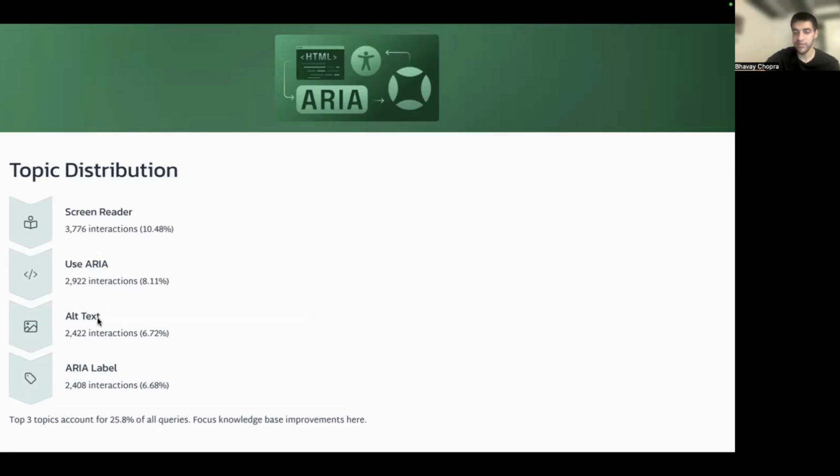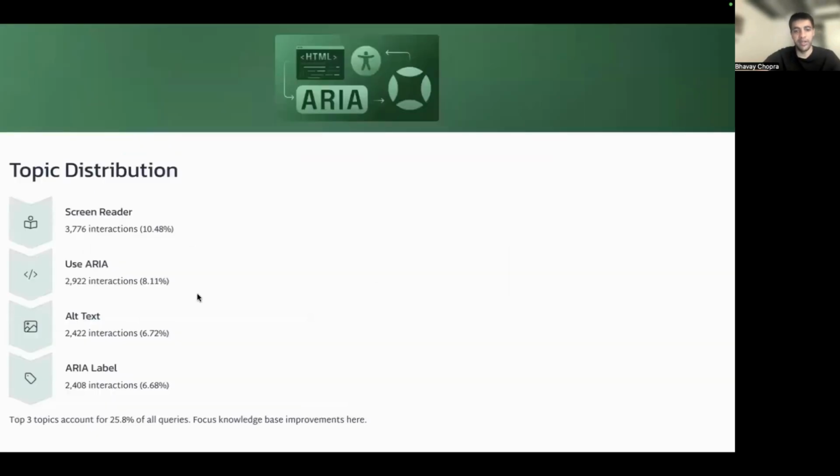The third was alt text, and the fourth was also ARIA labels more specifically. So what this let us know is that there might be a knowledge gap in these top topics. So we could suggest to DQ that they potentially hold workshops or seminars about these topics, or even upload more content about them. And so this indicates some good insights to us.